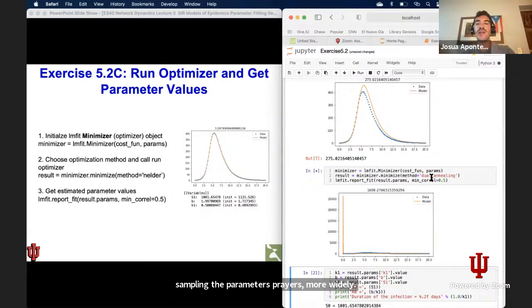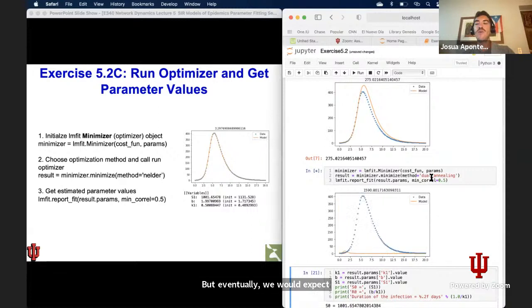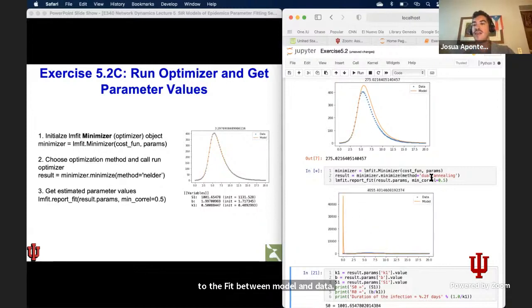But eventually, we would expect even this global algorithm to find a solution to the fit between model and data. The only problem about these algorithms is that they might take longer.